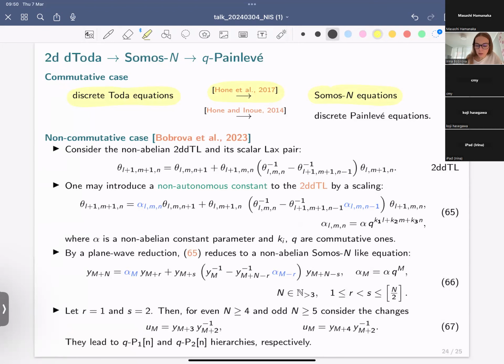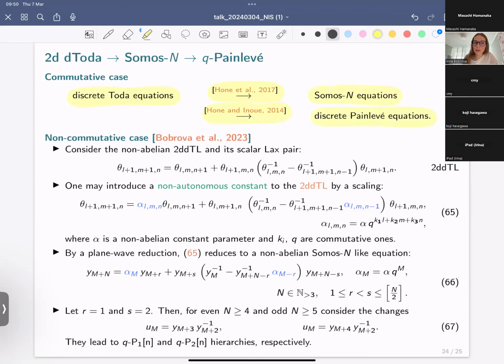And it turns out that Thomas N equations in some specific cases are related to discrete Painlevé equations. And it was also studied by Joshi and her co-author Inoue.